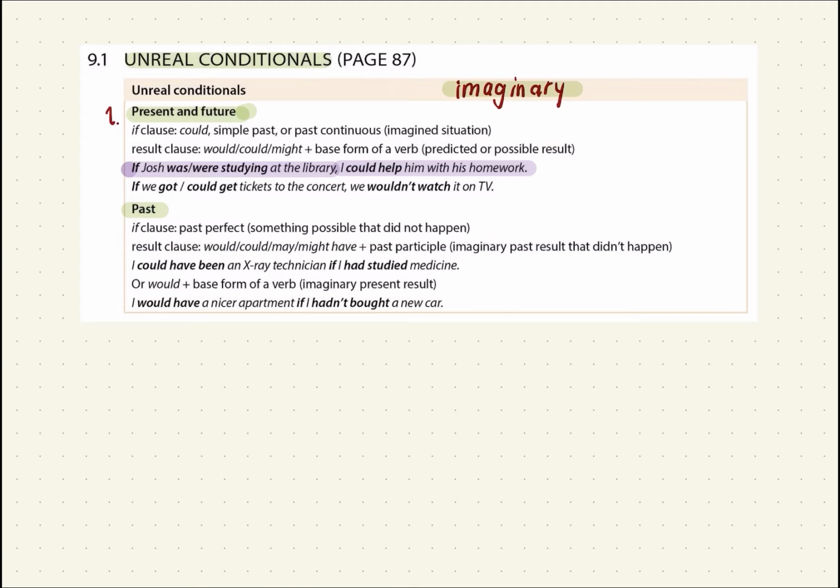So you just imagine that he is here at the library. Or if we got or could get tickets to the concert, we wouldn't watch it on TV. This is also imagination because in the real situation we don't have any tickets and we have to watch it on TV.